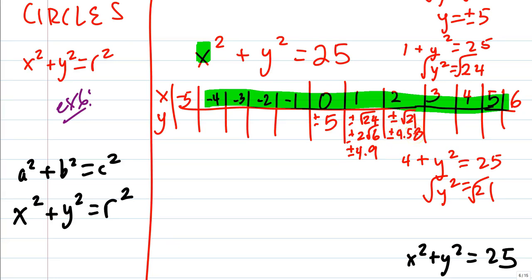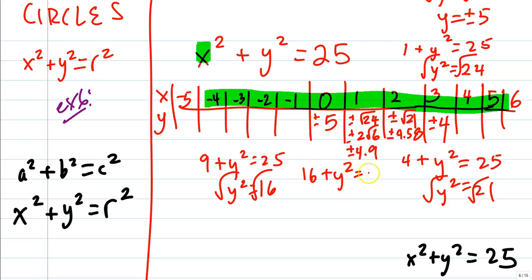When I plug in a 3, 3 squared is 9, plus y squared equals 25. That gives us that y squared is 16, so that y is equal to plus or minus 4. 4 squared is 16, plus y squared equals 25. Subtracting that, y squared is 9.